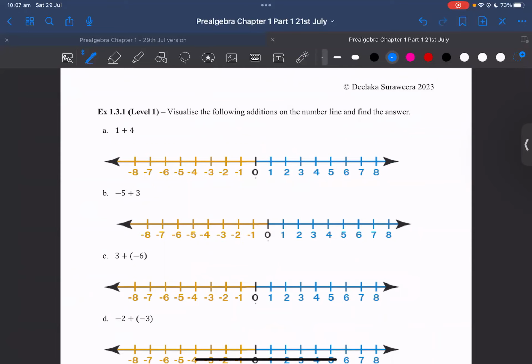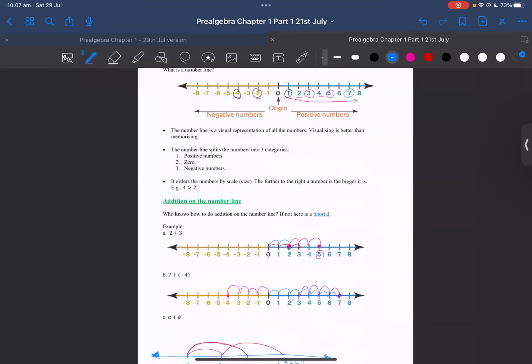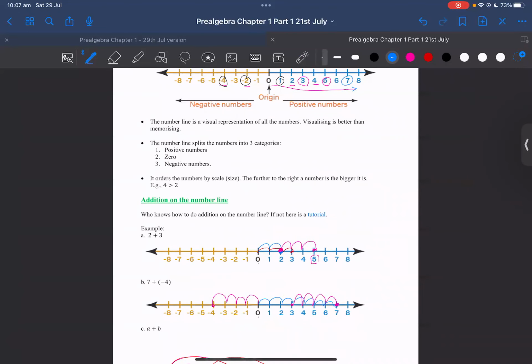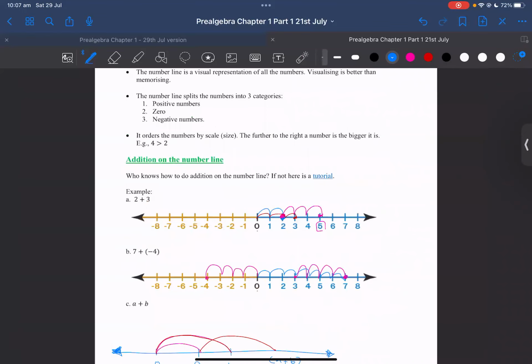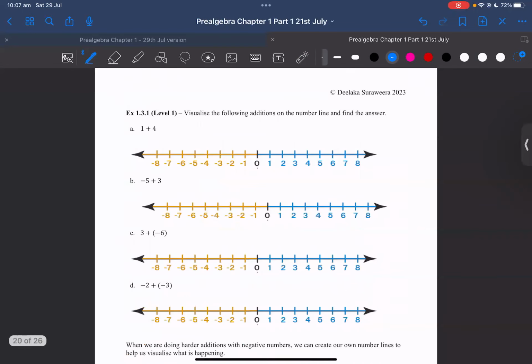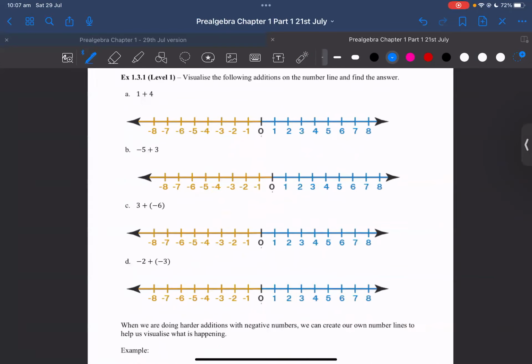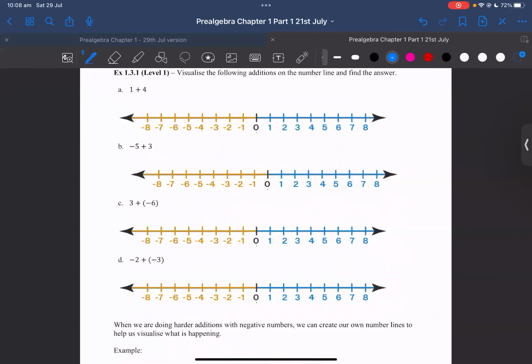You're just doing the same question as I did, doing the hops and then telling me the answer at the end. I also want you to draw the hops. You can just write on the handout, by the way, if you want. I know it's a bit difficult for you, but just make a rough number line.